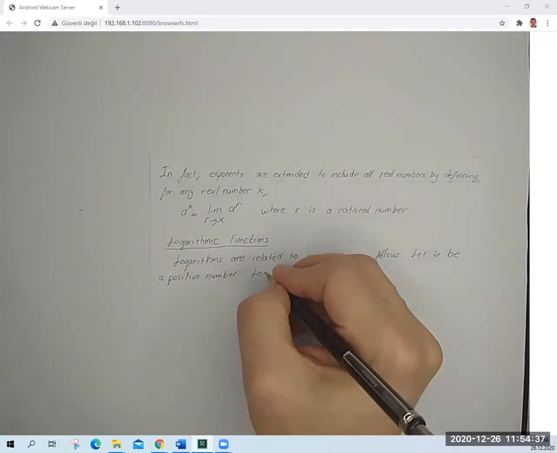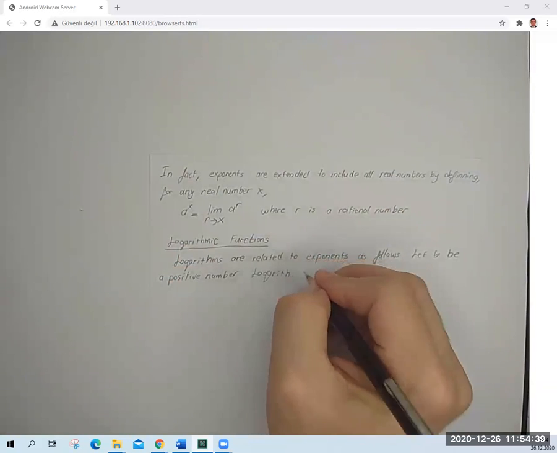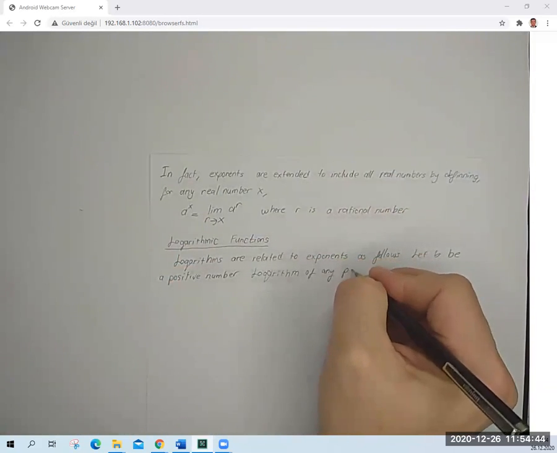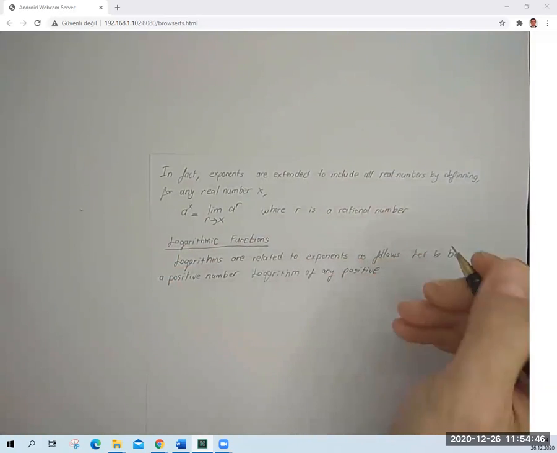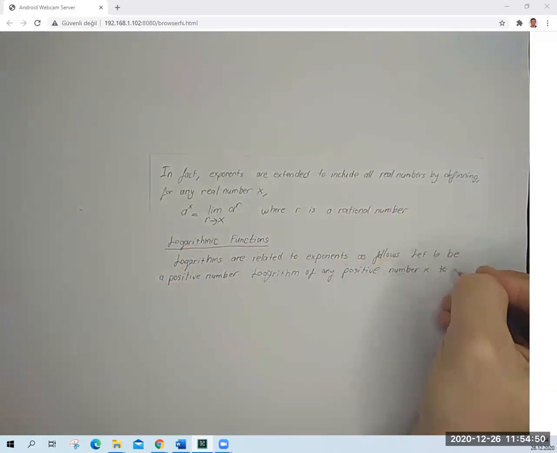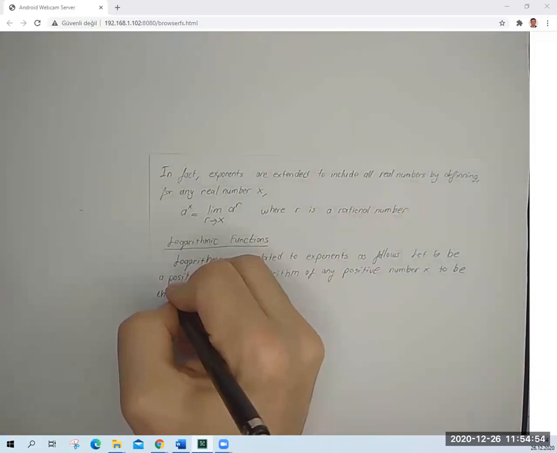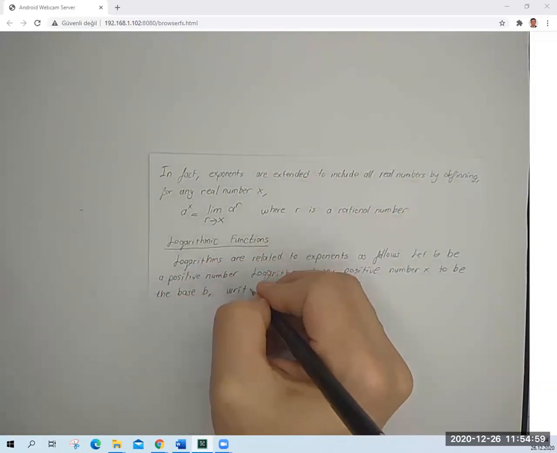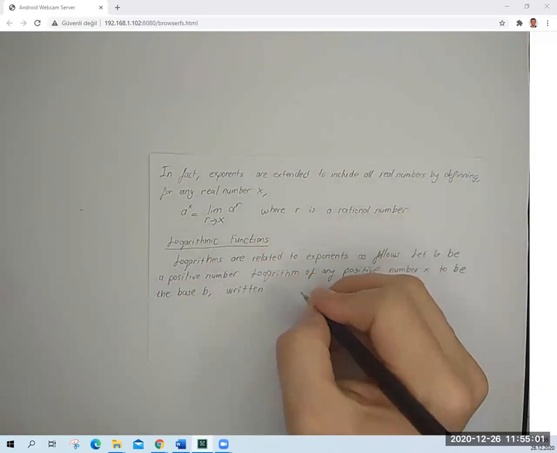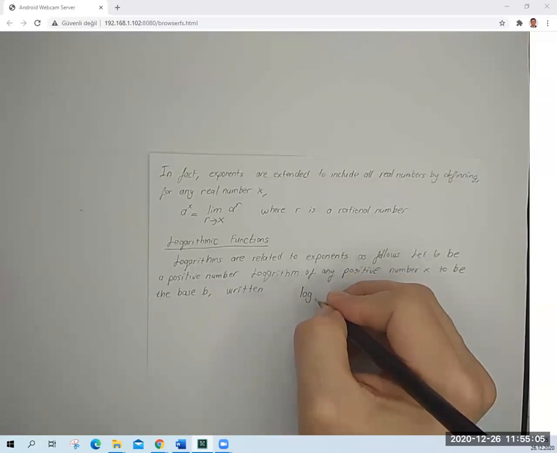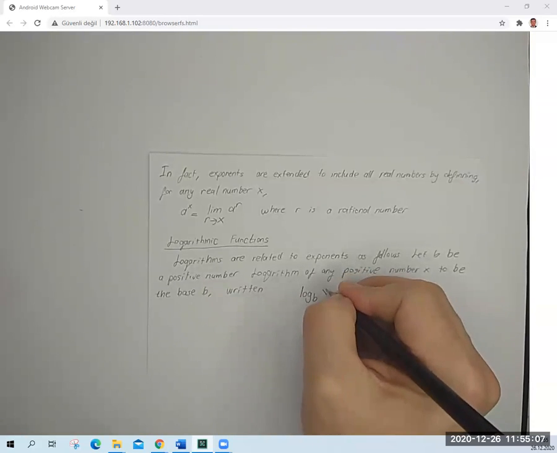The logarithm of any positive number x to the base b can be written log base b of x.